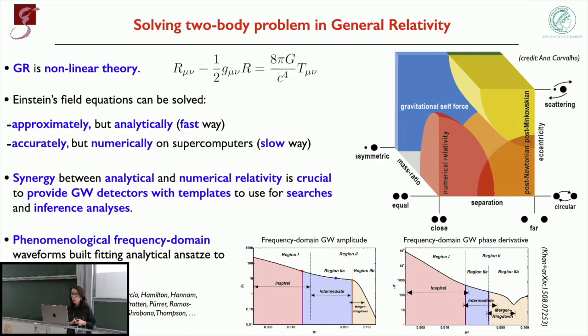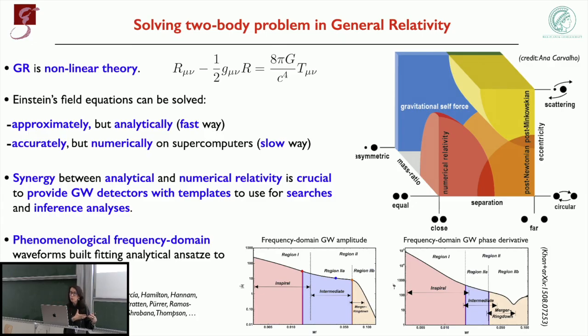We can also build waveforms that are called phenomenological. They are built in frequency domain by putting together effective one-body, post-Newtonian, numerical relativity. And the advantage of these waveforms, which are called inspiral-merger-ringdown phenomenological, is that they are in closed form because you do some approximation in frequency domain, so you can generate them very, very fast.